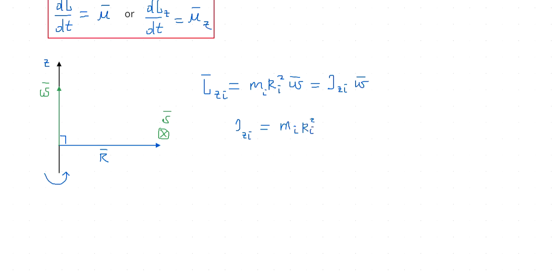And from here we can see that moment of inertia is an additive value. Additive value means that the moment of inertia of the whole system is equal to the sum of the moments of inertia of the material points of this system.